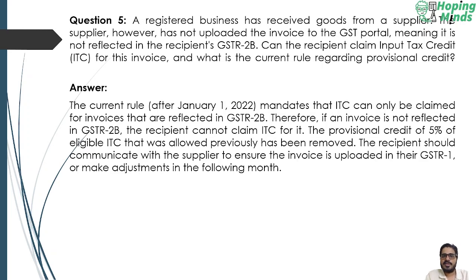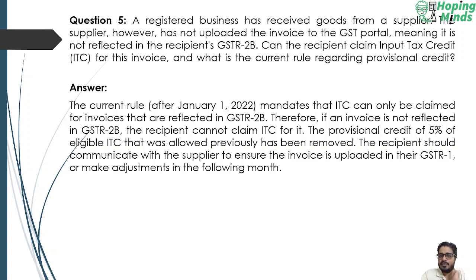Next, a registered business has received goods from a supplier. The supplier, however, has not uploaded the invoice to the GST portal, meaning it is not reflected in the recipient's GSTR 2B. Can the recipient claim input tax credit for this invoice, and what is the current rule regarding provisional credit?